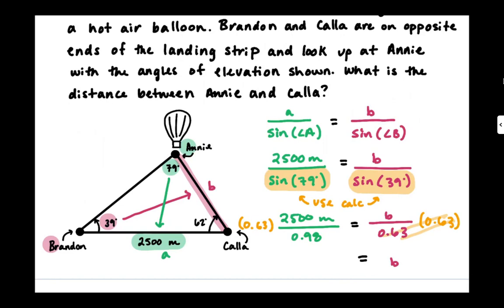And we get 1,607.14 when rounded to 2 decimals. And our units are meters. So Brandon and Annie are 1,607.14 meters apart. Or sorry, Annie and Kala. My bad. Little b was the distance between Annie and Kala.